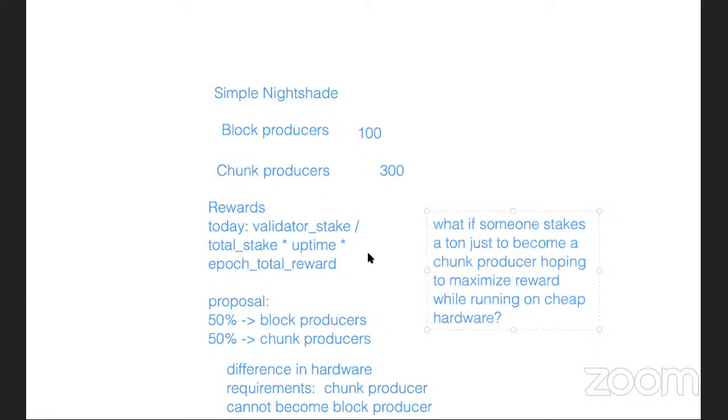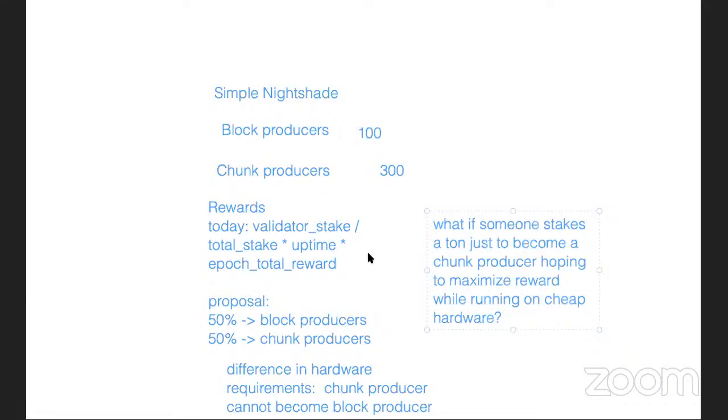If more than 50% of all stake is by chunk producers, they get proportionally less rewards, so that they get 50% of the overall reward. This would incentivize staking as a block producer.